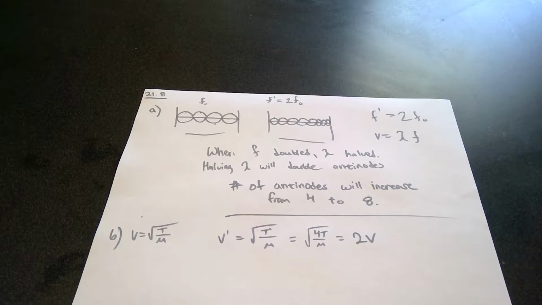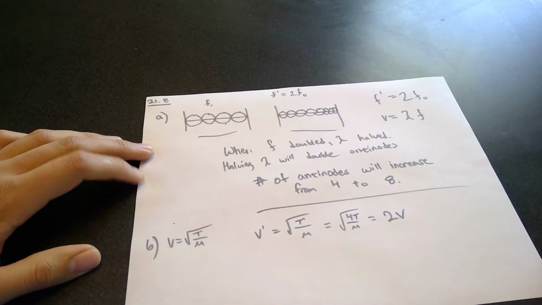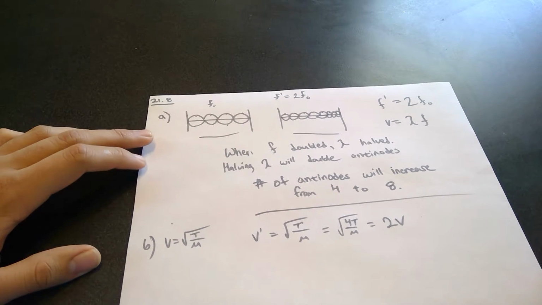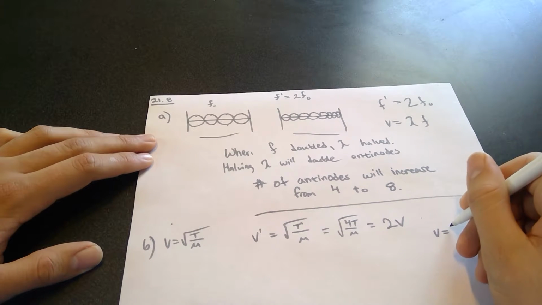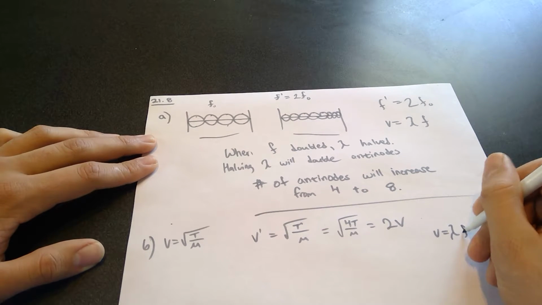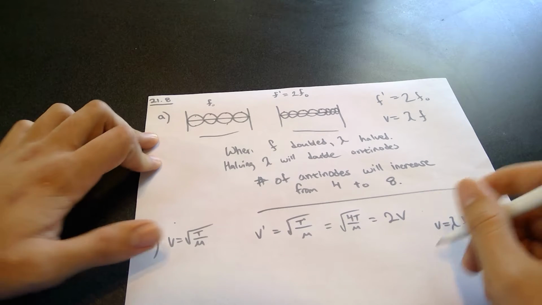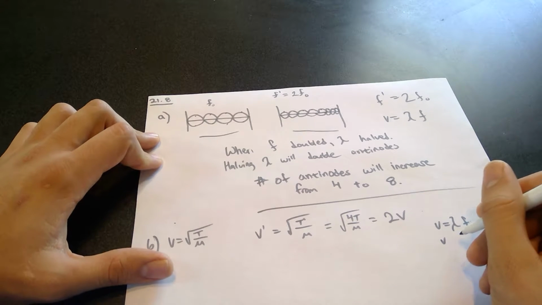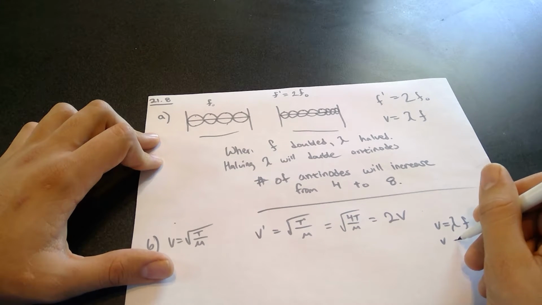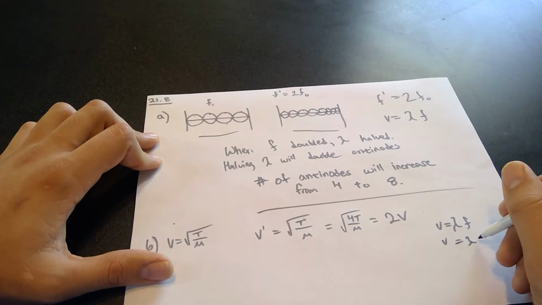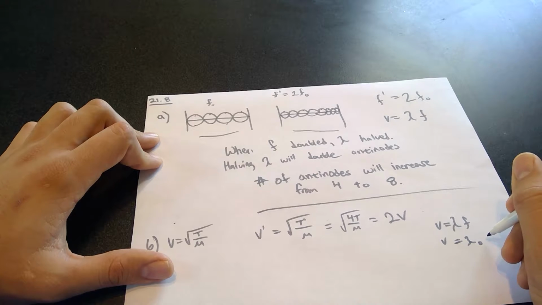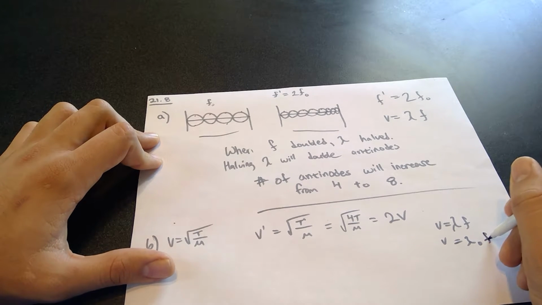Now we're going to see what happens to our frequency. Let's find the equation that relates our v and our f. We have v equals your wavelength times your frequency. That means to start, our v would equal our original wavelength, lambda sub 0, times f sub 0.